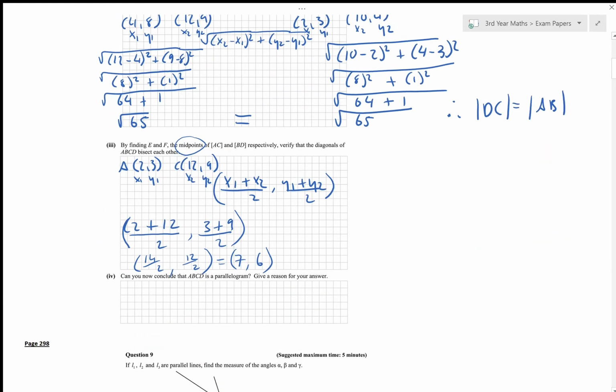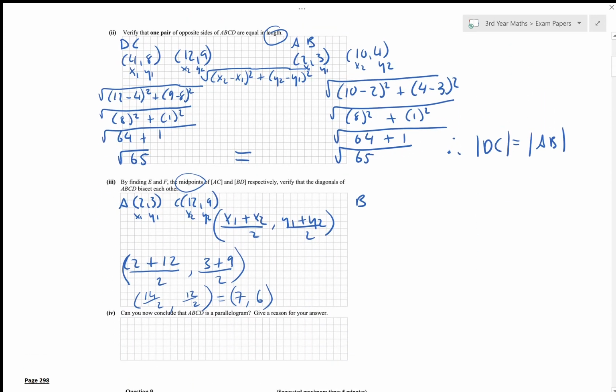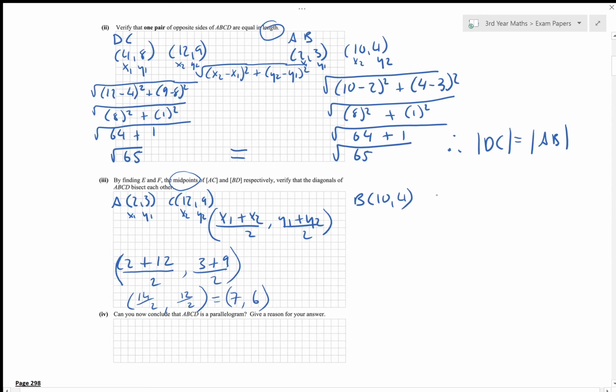Then I want to find the midpoint of BD. So I'm going to write down B is 10 and 4, and D is 4 and 8. So again, call it x1, y1, x2, y2. Sub into your formula.